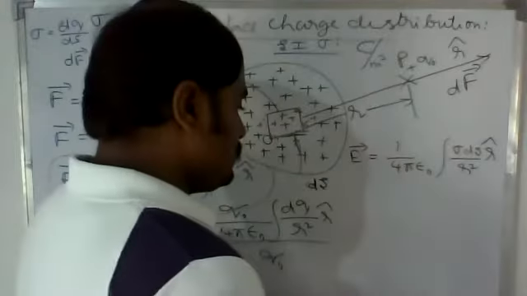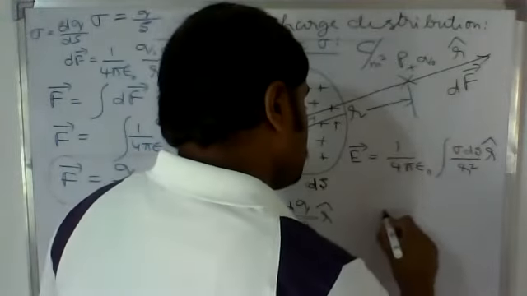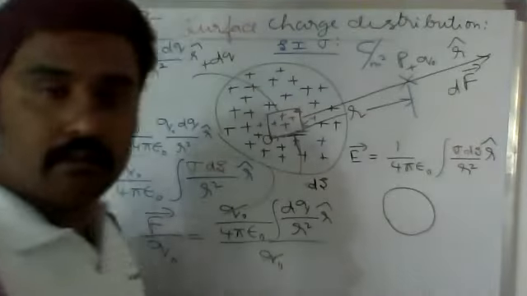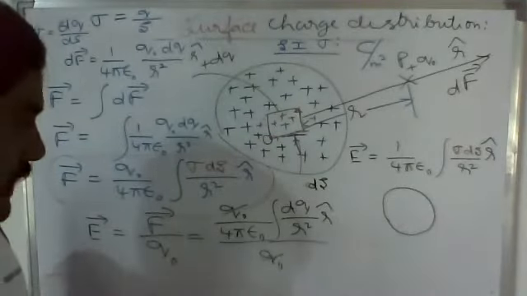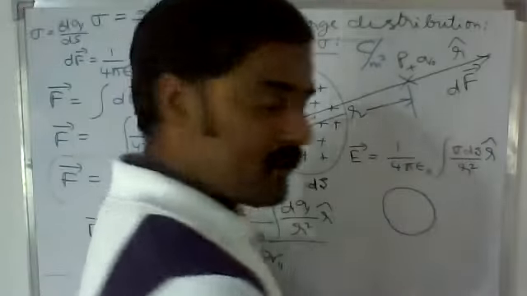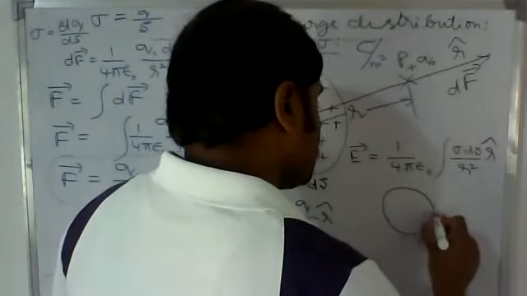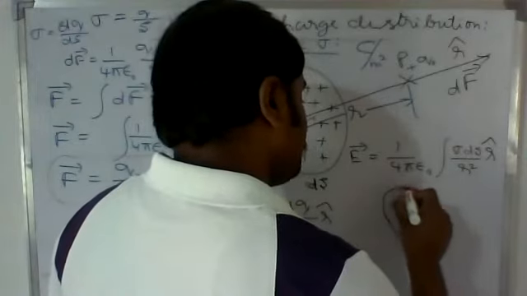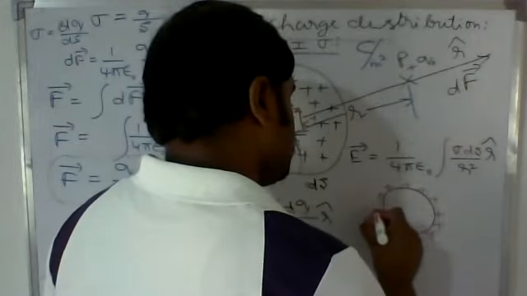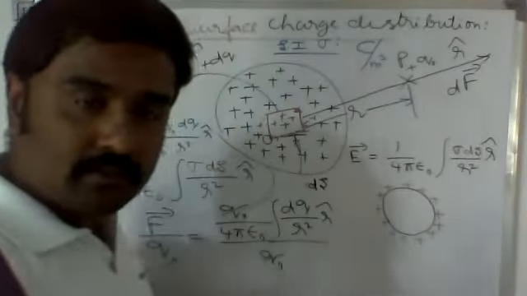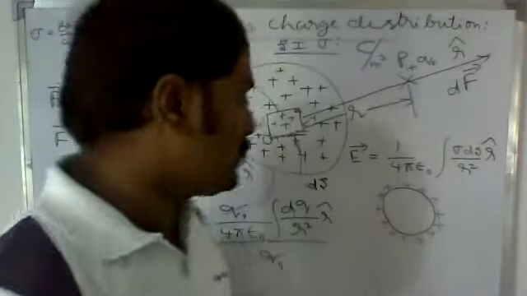For example, let us consider a hollow spherical conductor. If the electrons are removed from the metallic sphere, the sphere gets positively charged, and the charge spreads continuously over the entire surface area. That is surface charge distribution.